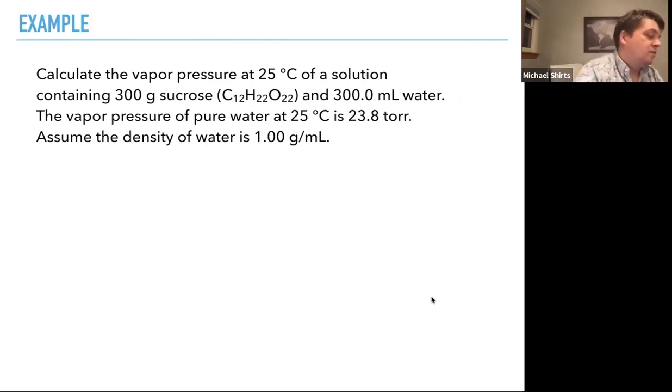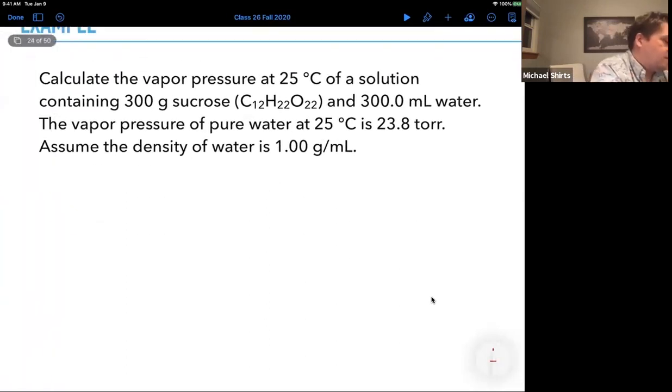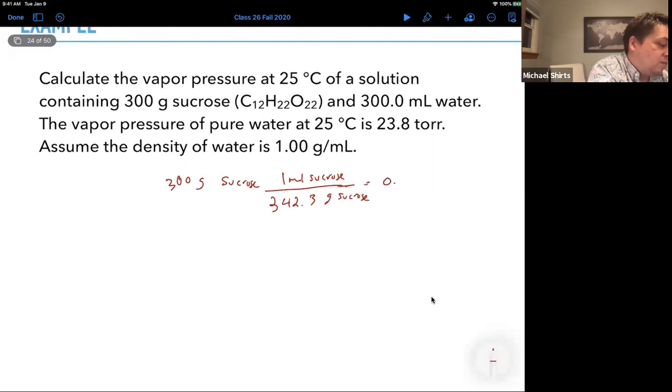Well, let's see. We've got 300 grams sucrose, and I won't bother calculating the molar mass here, but it ends up being 342.3 grams sucrose per 1 mole sucrose. And you get 0.877 moles.